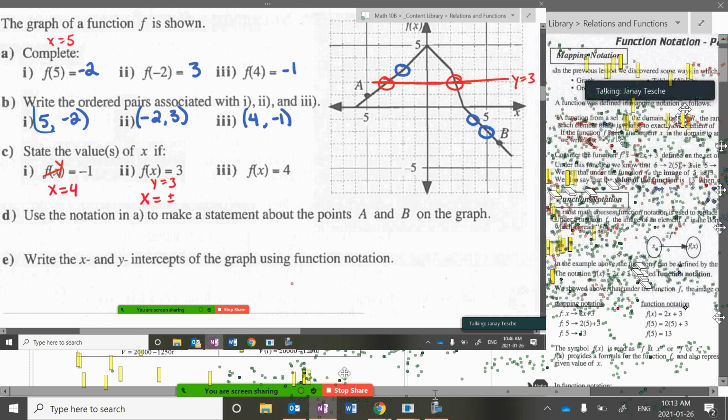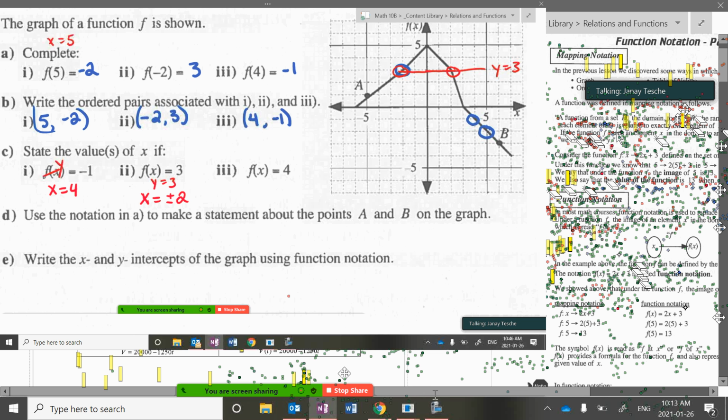Oh, I drew my line wrong, that's why. Up here, there we go. So positive and -2. There are coordinates for x at positive and -2. Y is 3 on both of those.